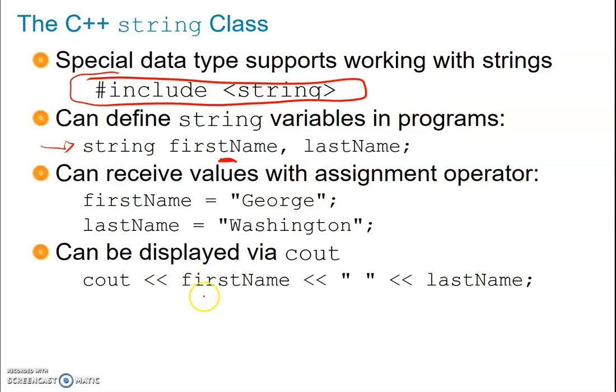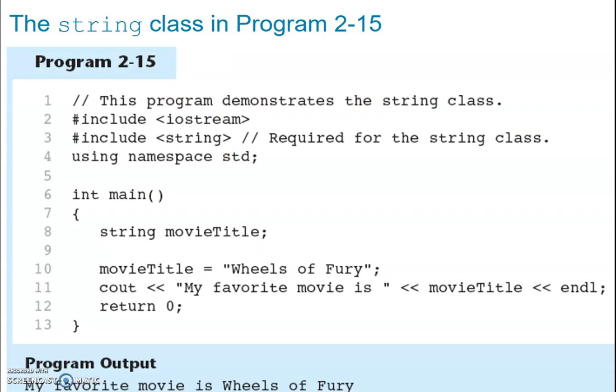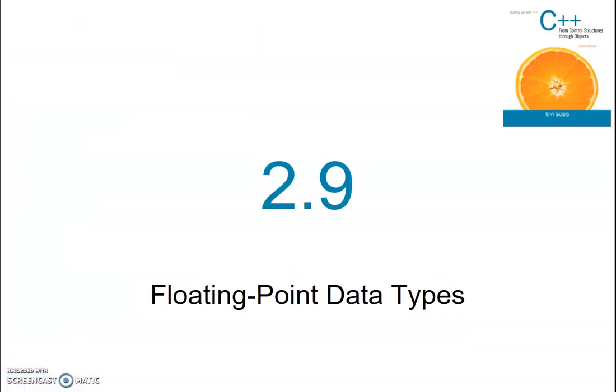Here they output first name George and then added a space. We needed to add the white space so George Washington looked like one name with a space in between. So here we have the declaration of the movie title, and then they're going to output movie title to the screen. So a floating point data type.